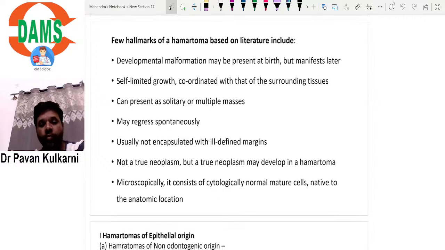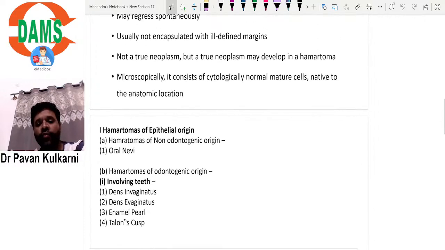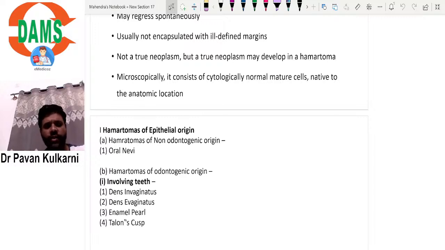Now, moving on to the hamartomas of odontogenic origin, that means related to the teeth and jaw.